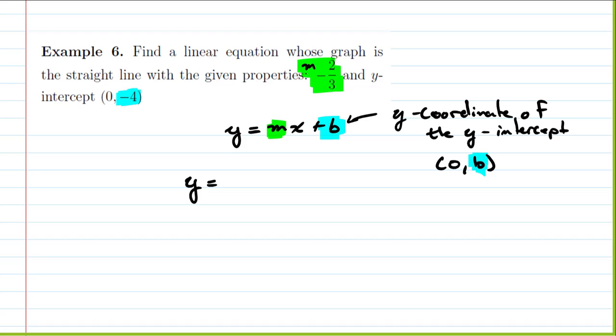So we get negative 2 over 3 x plus our b value, and in this case, since it's negative, we'd change it to negative 4. So that would be the equation of our line with slope negative 2/3 and y-intercept (0, negative 4).